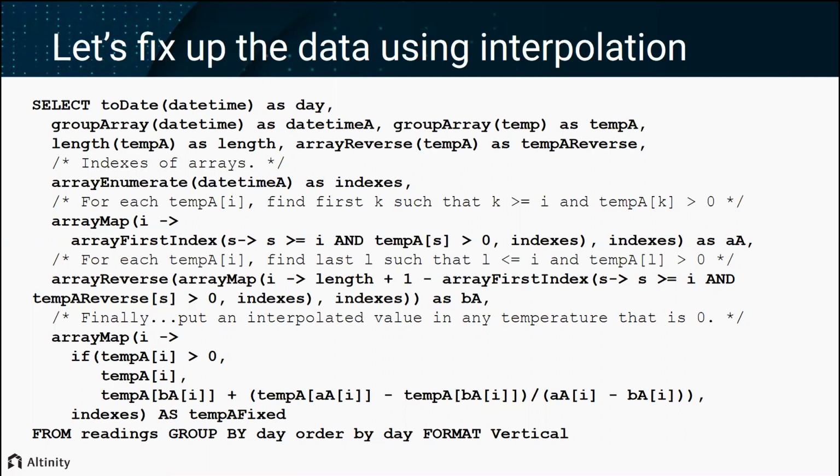If it is 0 or less, we're actually going to do an interpolation operation. So basically what we're doing here is subtracting the difference in the values and then dividing by the size of the gap. So this is it. It's a complex query, but it actually works pretty well.